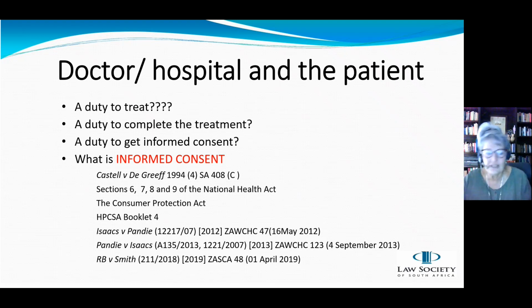So that is extremely important to look at the National Health Act as well. Also, consider the Consumer Protection Act, because a patient under that act is seen as a consumer and the doctor as a service provider. And even in that act, it is stipulated how to get informed consent.